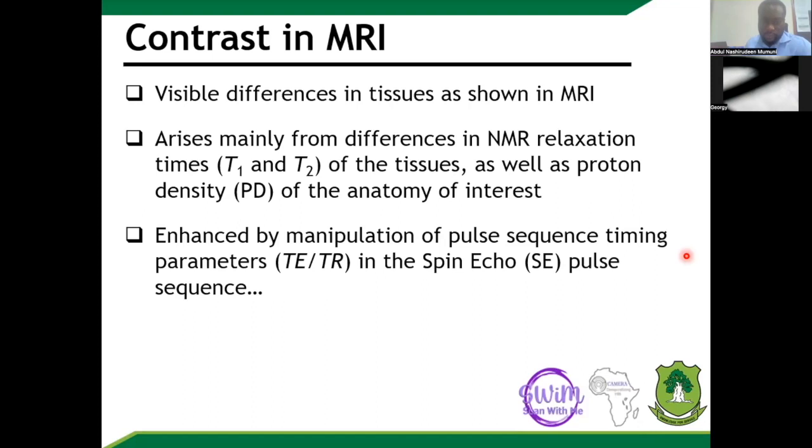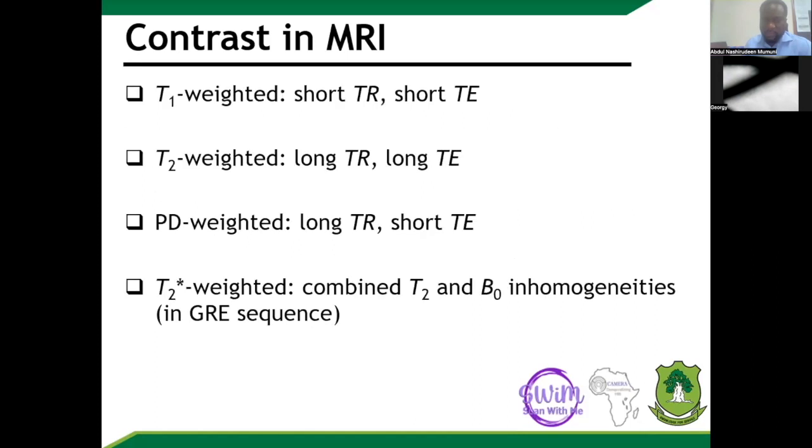And so we can manipulate the pulse sequence through the echo time and repetition times to give rise to contrast. I would explain how this is done shortly.